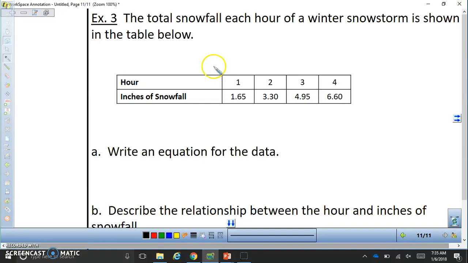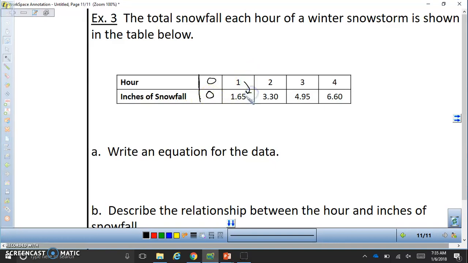If the answer is no, then we're going to learn the easy way next week. I think at hour 0, before the winter storm starts, there's no snowfall on the ground, so I'm going to say that 0, 0 does exist in this. Let's see what happens when we look at that.